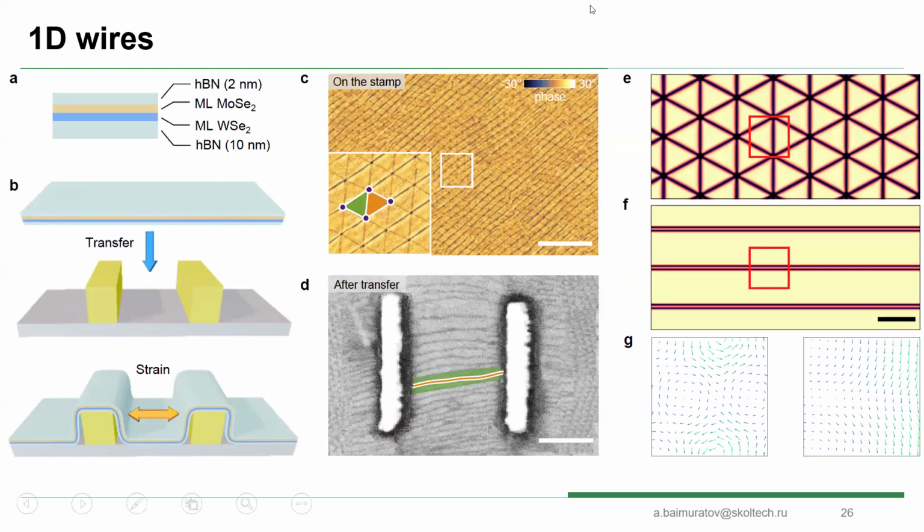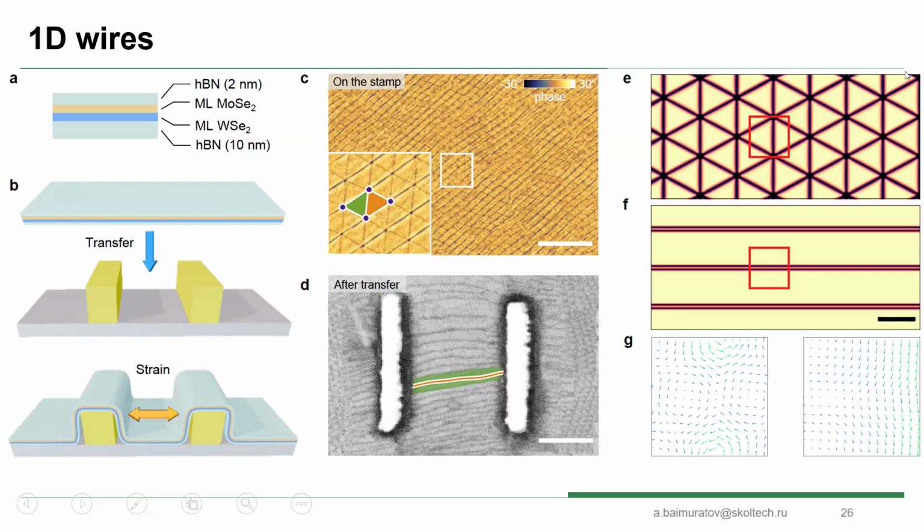We used this large, relatively periodic Moiré system. And you see here that it's quite periodic. We took this heterostructure, also with hBN, and we put it between two gold bars and introduced strain to the system.